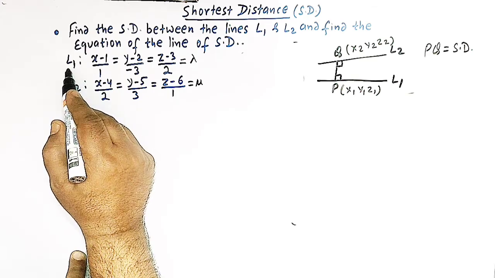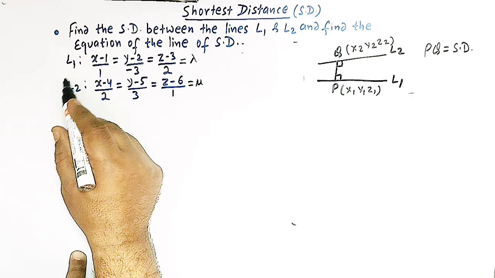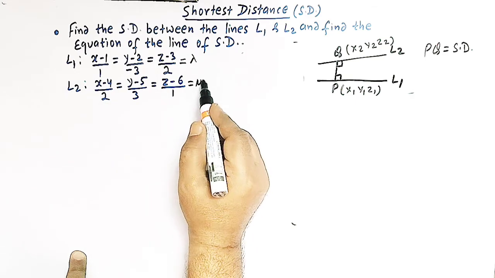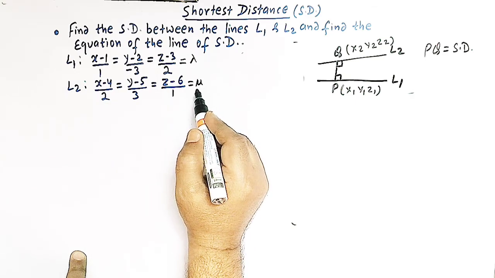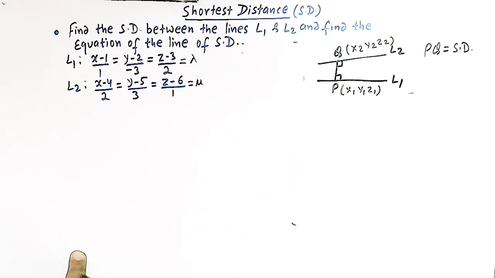Taking line L1, we have the scalar lambda, and taking line L2, we have the scalar mu. The purpose of introducing lambda and mu is to get the coordinates of the general point lying on a given line.